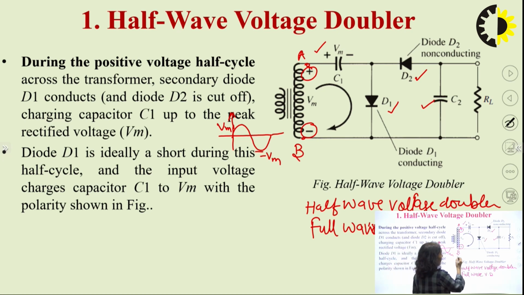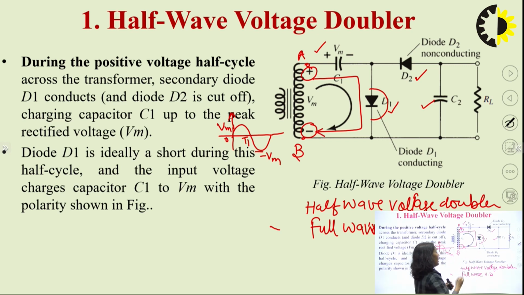During the first positive half cycle, this makes the diode D1 forward biased, and diode D2 will be in the non-conducting state, because initially all the capacitors are fully discharged. So, during the cycle 0 to T1, the current will flow in this loop.